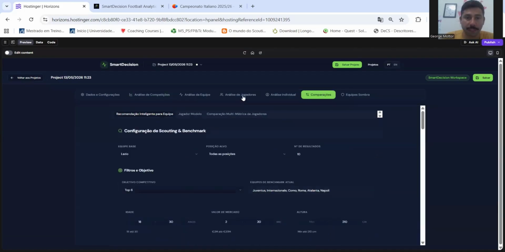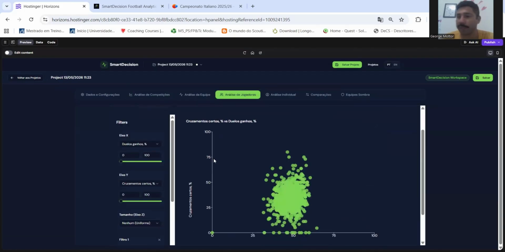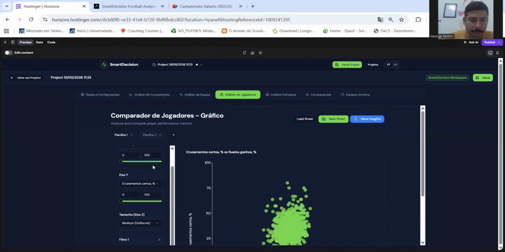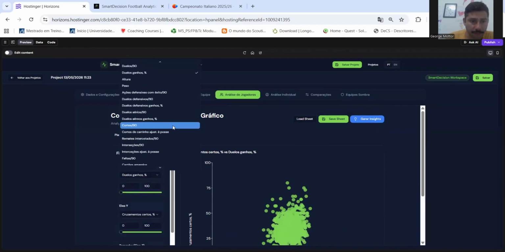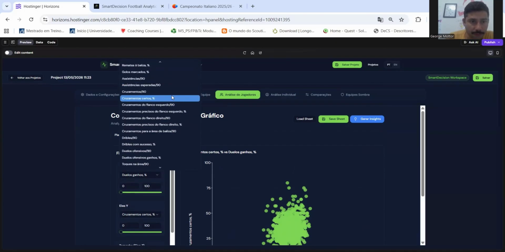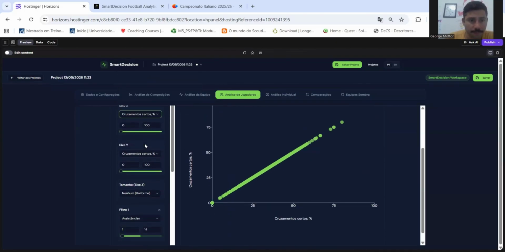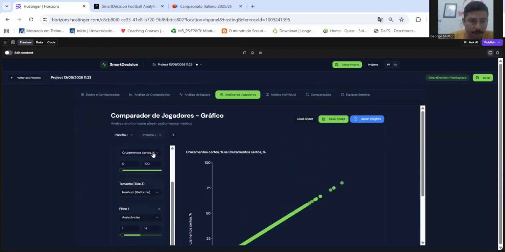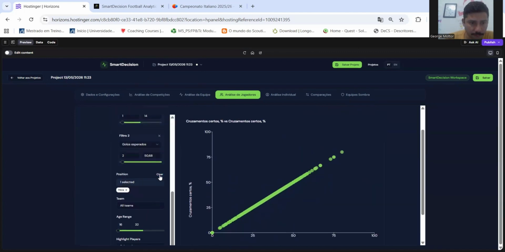right? We can go here and analyze players and look for fullbacks who are better crossers, right? So let's take this, let's put accurate crosses. Okay. Now let's put accurate crosses here. Let's put it here. Where's the position? Position.